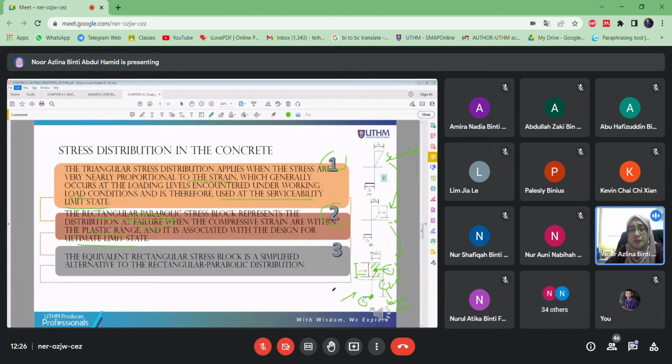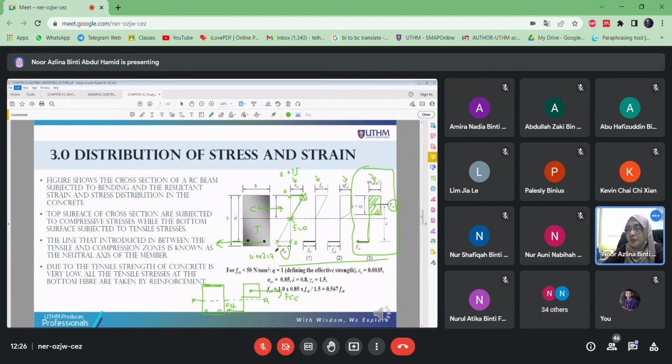Okay, there will be other parts where you will use this analysis of beam cross sections. So that's why you need to understand the development of the cross section once you apply the load, how the stress strain block diagram becomes.